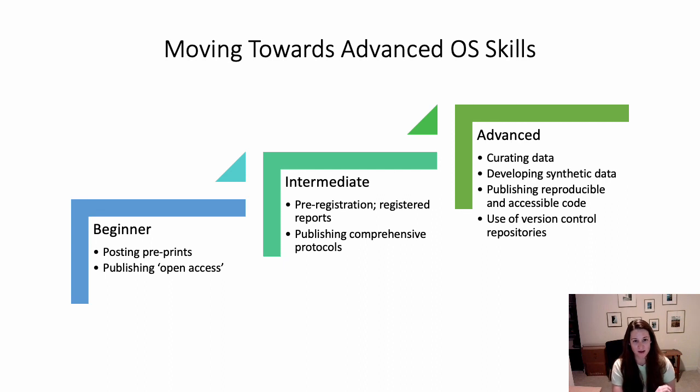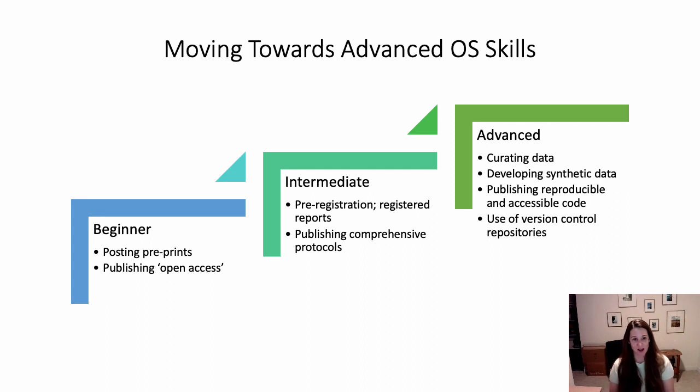I showed this slide a few weeks ago at the beginning of class and talked about how there are 3 levels of what I consider to be open science skills: beginner, intermediate, and advanced. Things like posting preprints and publishing open access in journals, most people can figure out how to do in under an hour.